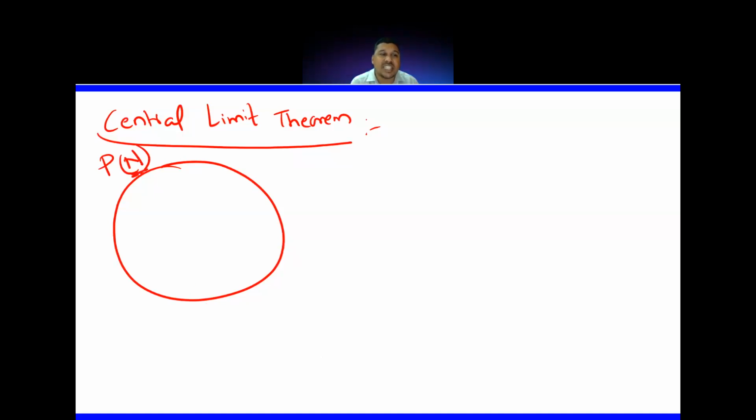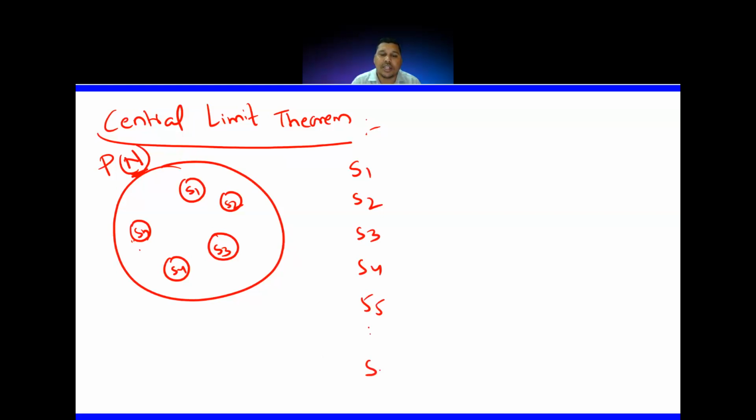If the population size is N, you have a huge population of size N, then derive random samples. Derive small samples S1, S2, S3, S4, S5, and so on, up to Sn.